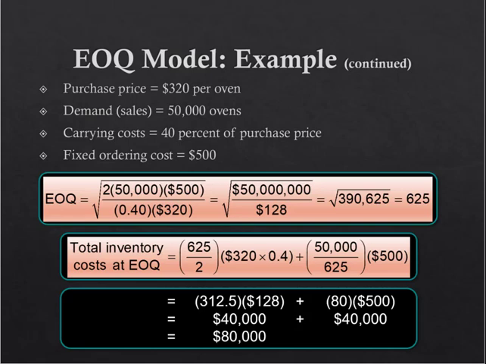So for total inventory cost at EOQ, you've got 625 divided by 2 because you're going to have an average number of ovens, times 320, times 0.4, which is the inventory carrying cost. So 50,000, which is the total number of ovens, over 625, your EOQ, times 500.